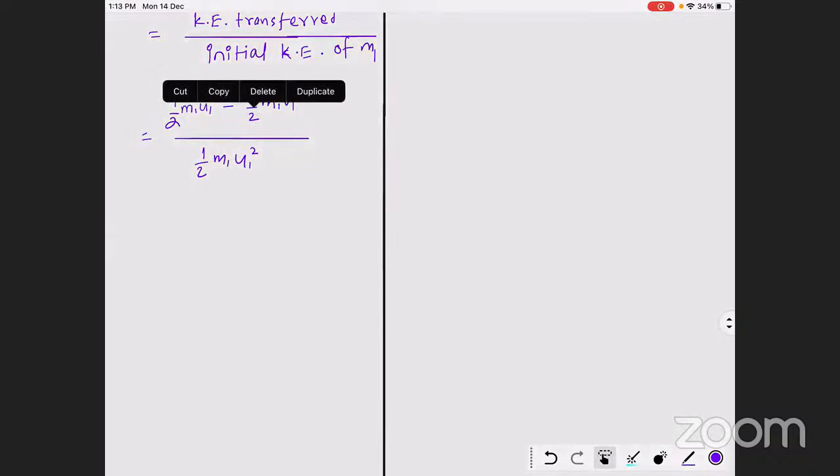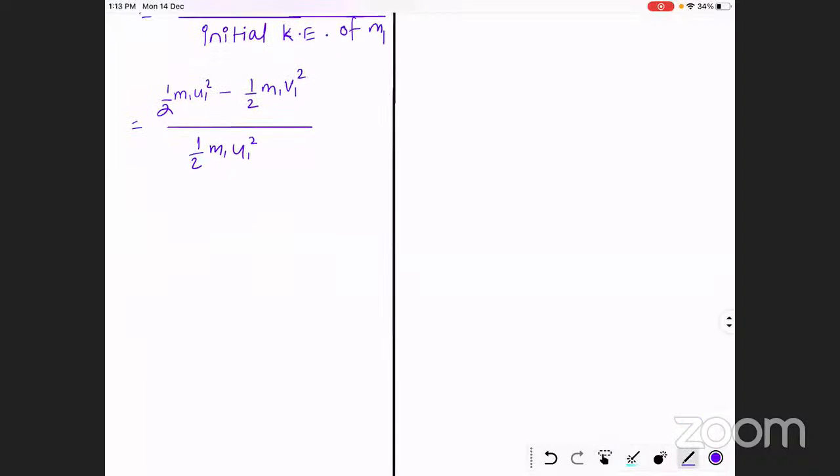We can take 1 by 2 common and cancel. We can take M1 common and cancel. So we'll get 1 minus V1 by U1 whole square. Okay?